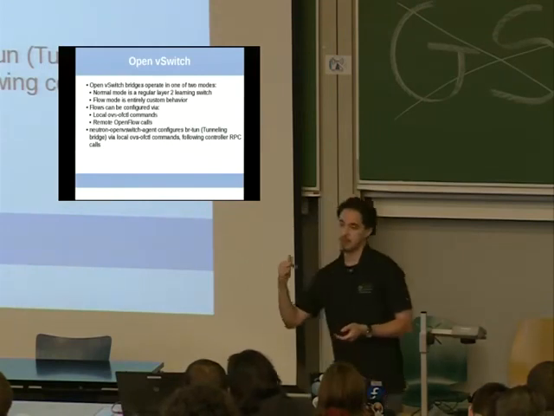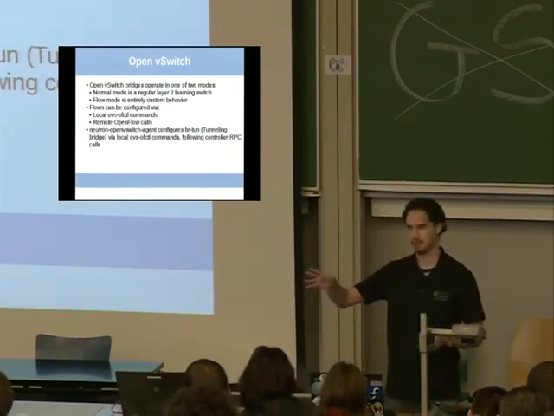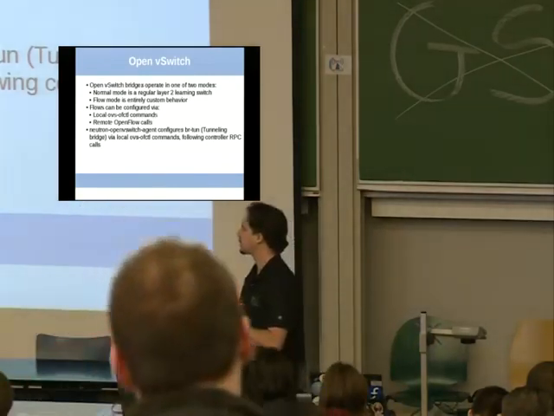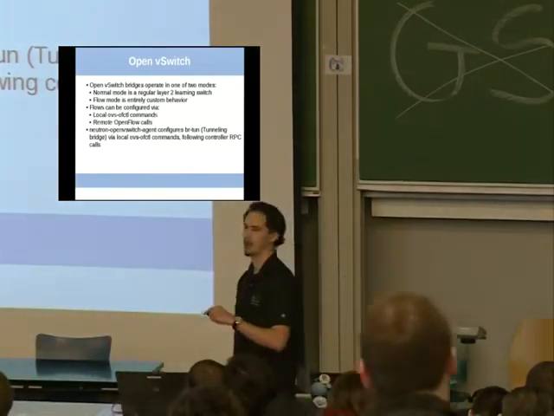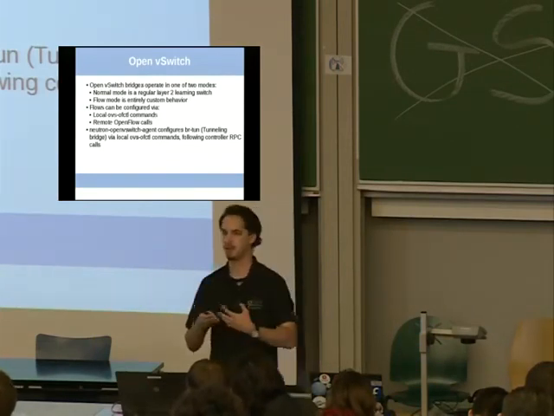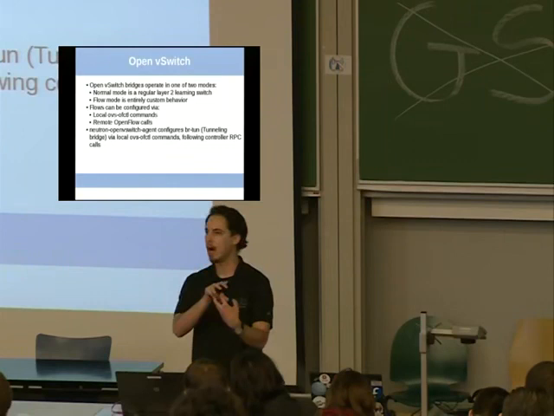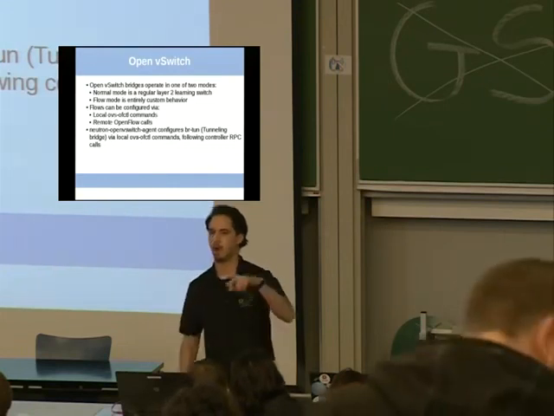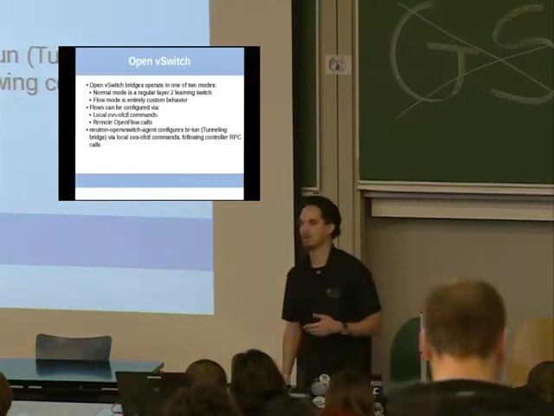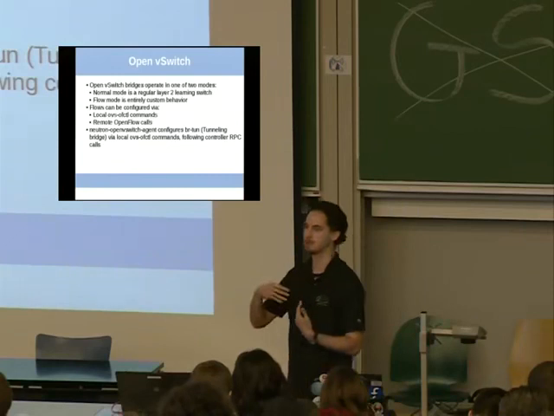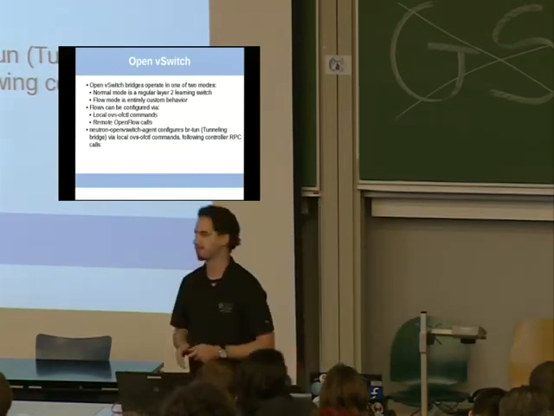You could, of course, also send SSH commands to do that remotely. And you could also use an SDN protocol like OpenFlow. With the OpenFlow protocol, you can have a centralized node which can send OpenFlow messages to all of the virtual switches. And the virtual switches speak the same protocol, so they can configure themselves. They can add flows to their own tables.